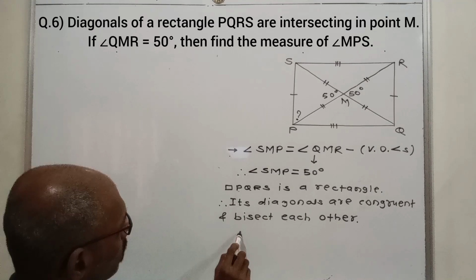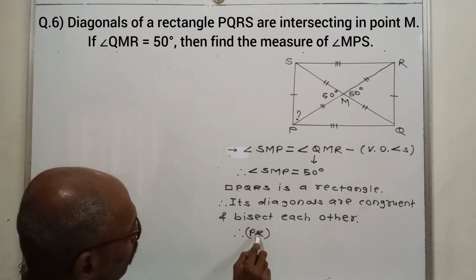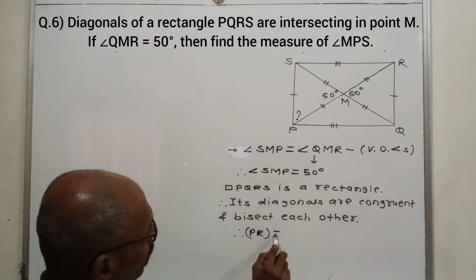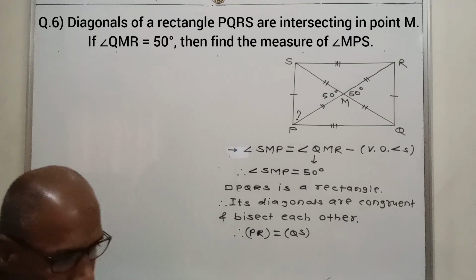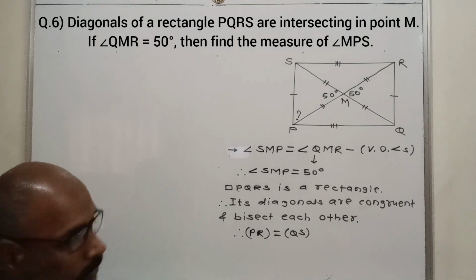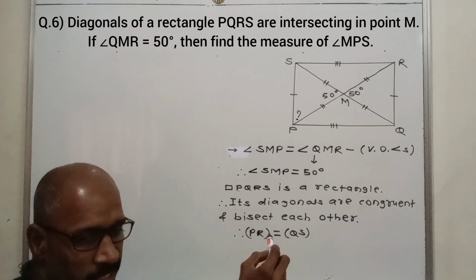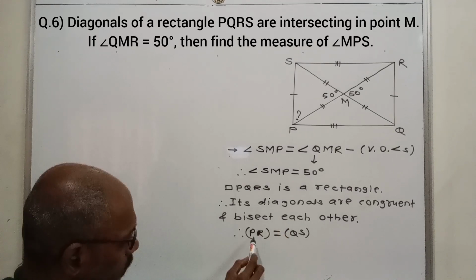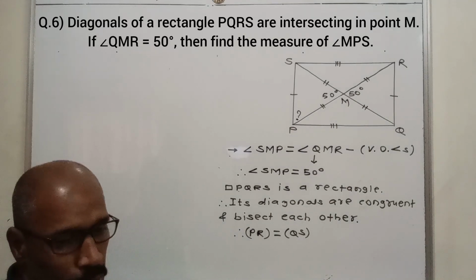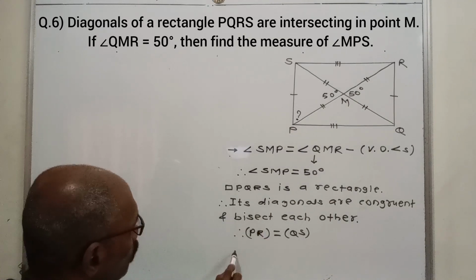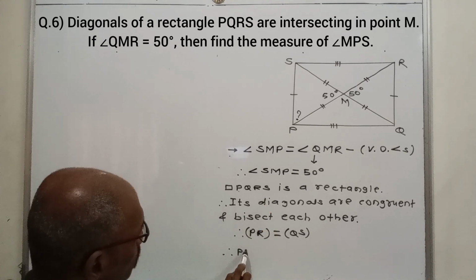Congruent means we write PR is equal to QS. Did you get it? Now they bisect each other. They bisect each other means this PR is divided into two equal parts.